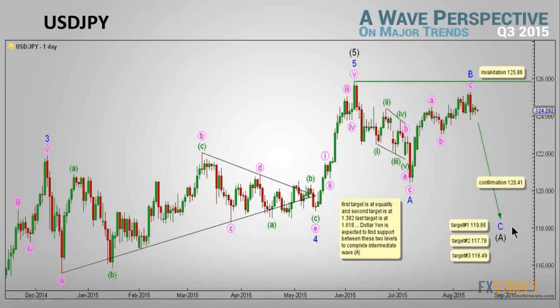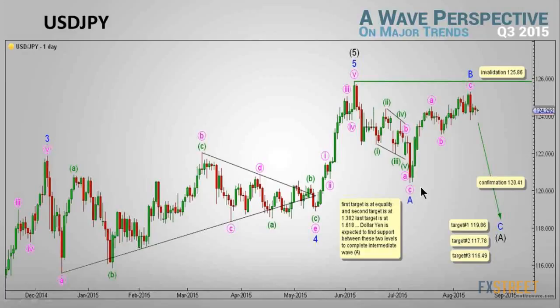This suggests that wave A black is not a zigzag correction and opens the possibility for wave B maroon to be either a flat correction or a triangle or even a combination, but it is a bit early to definitely tell with confidence.